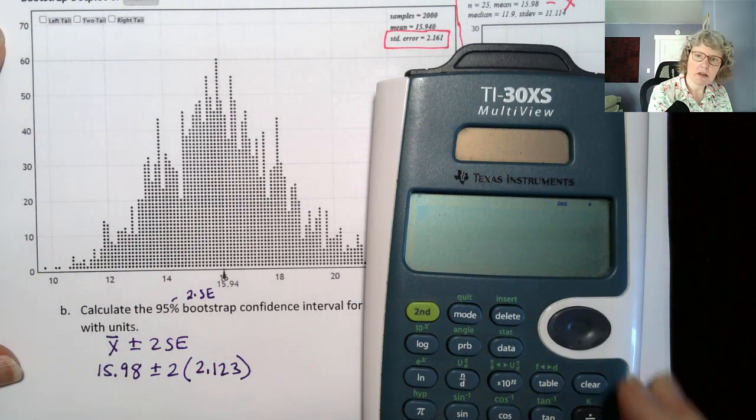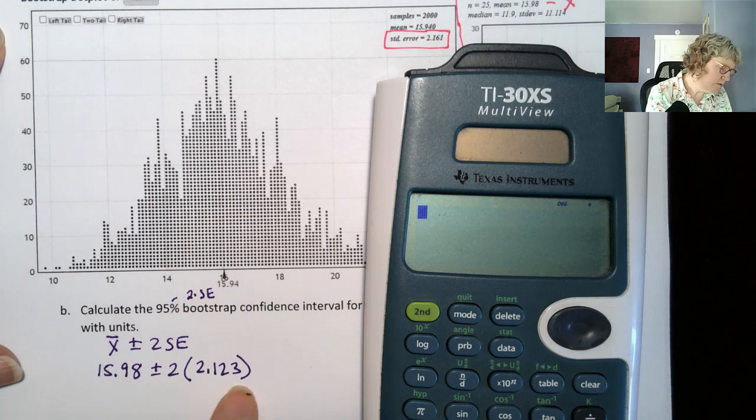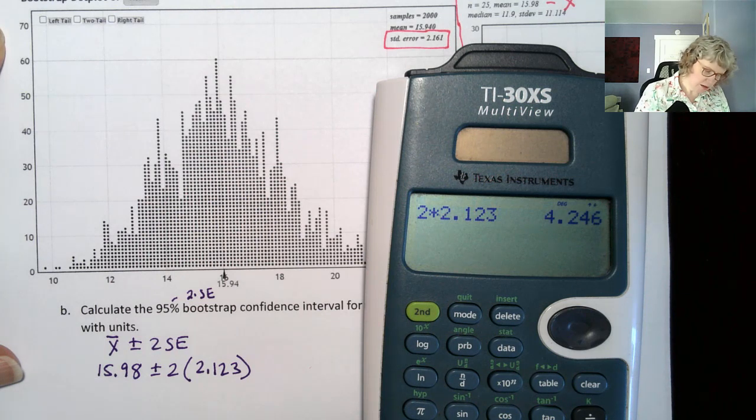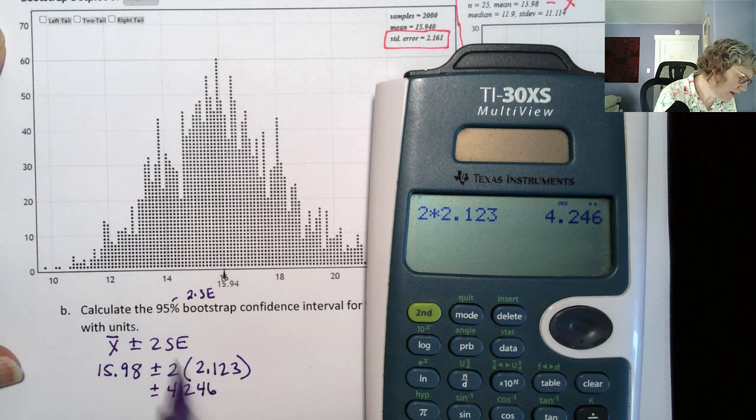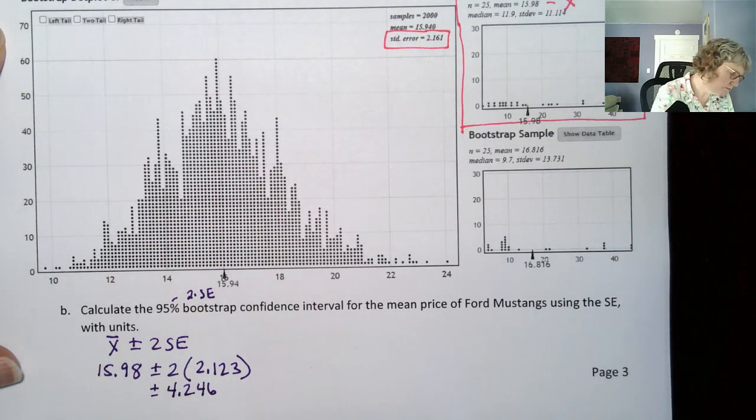Now I need to get my calculator. I'm going to do the margin of error first. So the 2 times 2.123 is 4.246 thousand. If it helps, you can write it on each step or you can write it at the end.